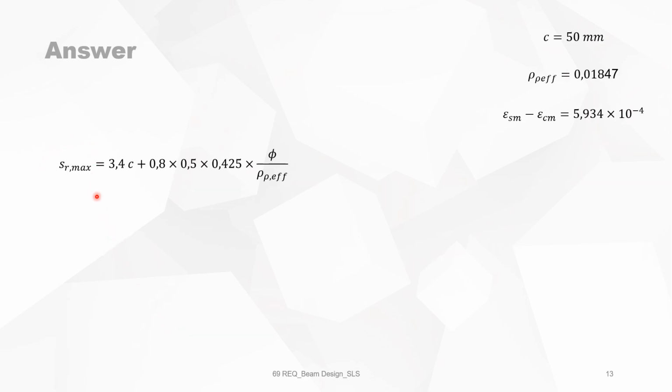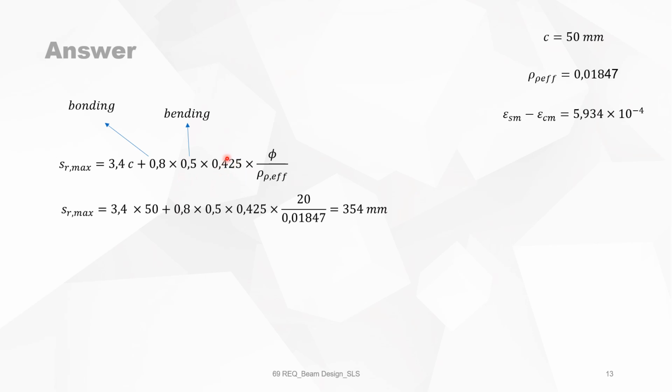So now we can calculate SR max, which is equal to this formula, with 0.8 for bonding. So when you have steel with a good bonding, it's 0.8. Because it's about bending, this is 0.5. If you talk tension force only, then it's 1.